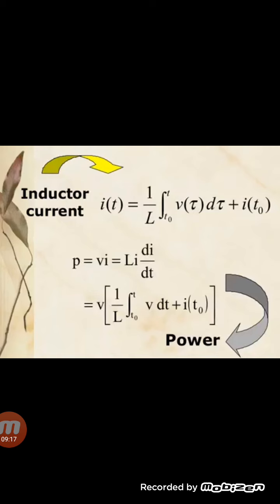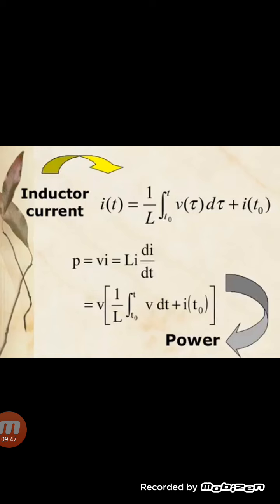In the inductor current, v(tau) d tau, tau is the time parameter and this is t naught. We are talking about initial conditions, and power is in fact V into I. We will also talk about the power. First we talked about the inductor current, and then we will talk about the power.